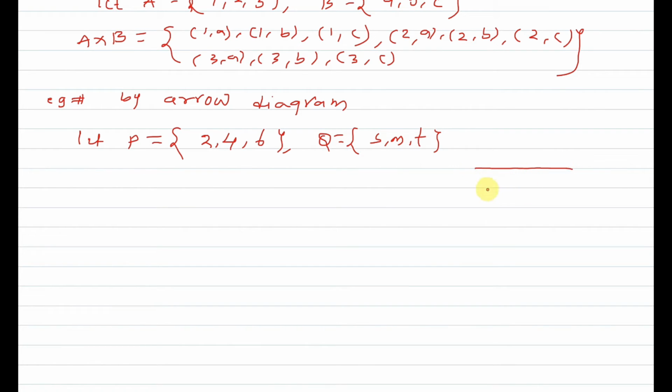You take 3 lines. This is 2, this is 4, this is 6. These are the horizontal lines. This represents set P. Now you take vertical lines. This is S, this is M, and this is T.